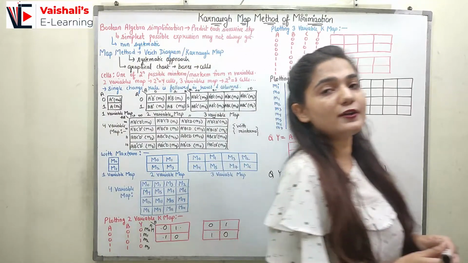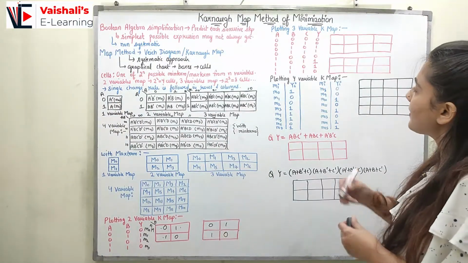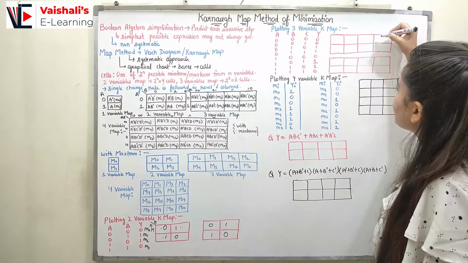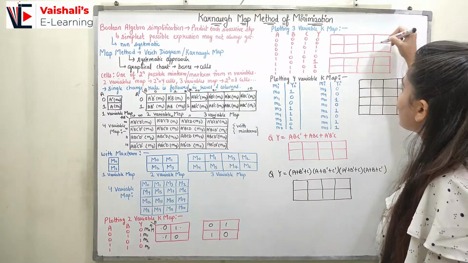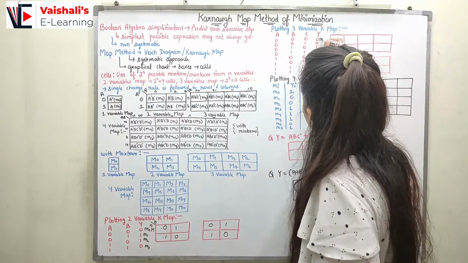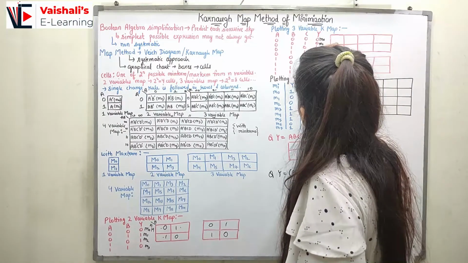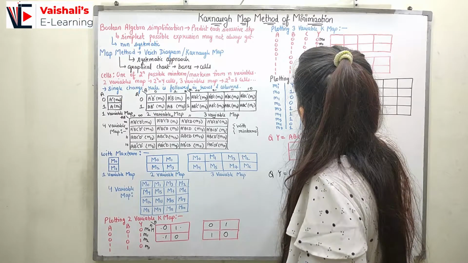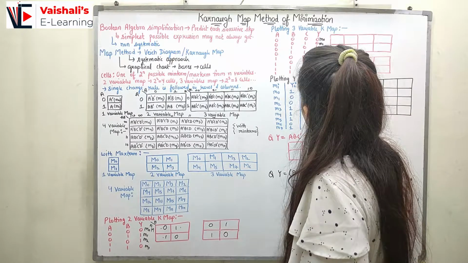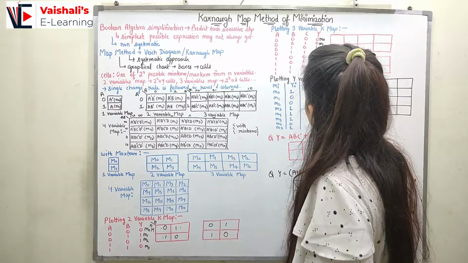Now coming to the plotting of three variables using the K map. Here we have the min terms 0, 1, 3 and 2, 4, 5, 7 and 6. This is my min term m0, m1, m2, m3, m4, m5, m6, m7.